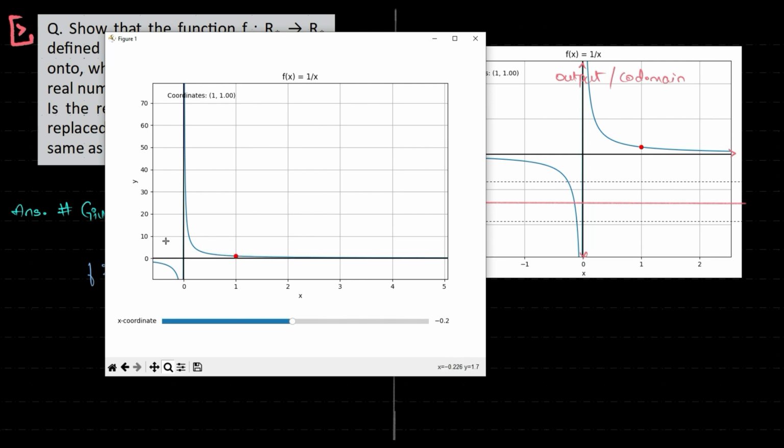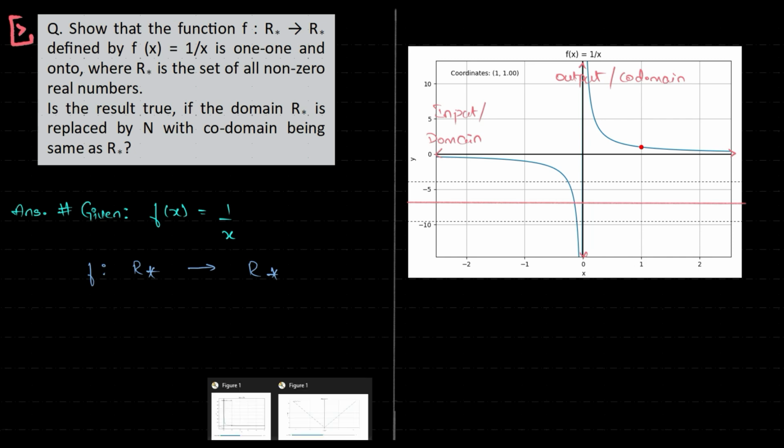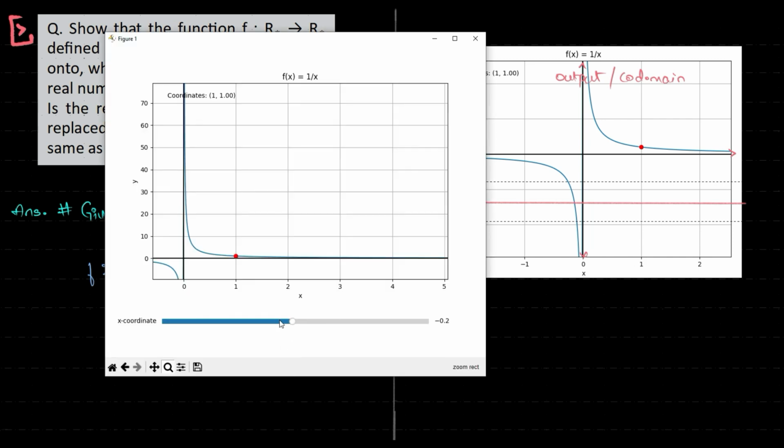So other than 0, which we have excluded, remember, it is a set of all non-zero real numbers, we can see that we have all the possible answers. If I keep varying this, we can get all the possible output values.